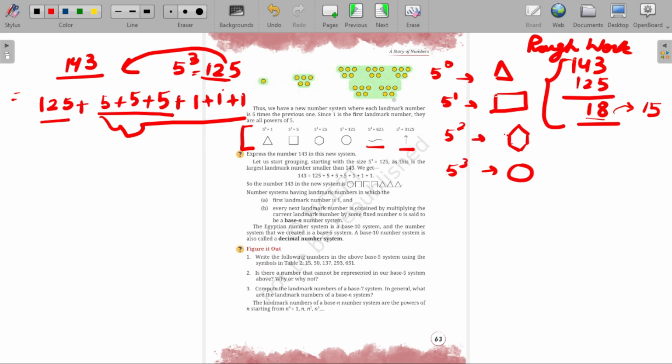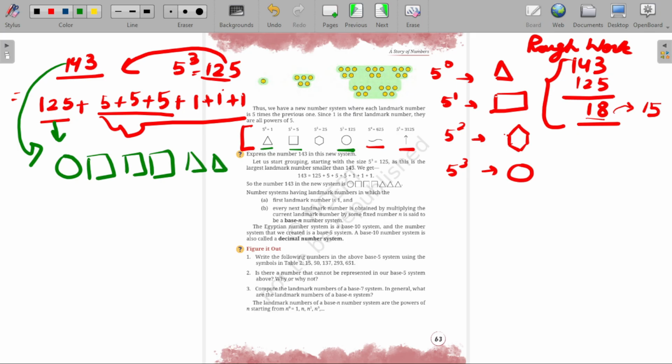Now to convert 143 into symbolic form in the powers of 5: 125, which is 5 cubed, has the symbol circle. Three 5s are there, and one 5 is represented by a square, so 3 squares are added. Lastly, a single 1 is represented as a triangle, so 3 triangles are added. That's how we can represent 143 in the symbolic form of the Egyptian form, in the powers of 5.